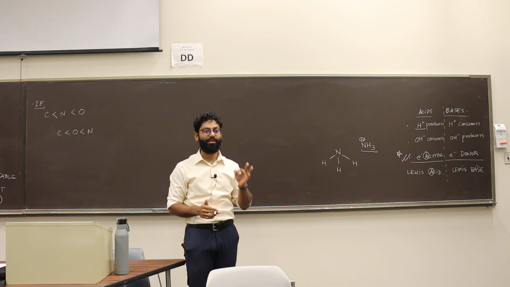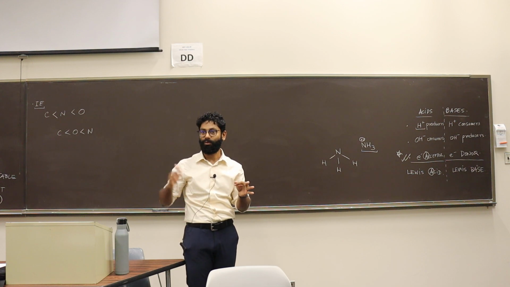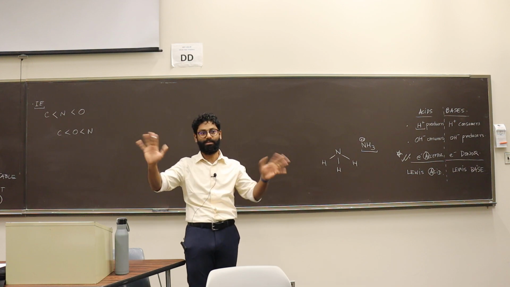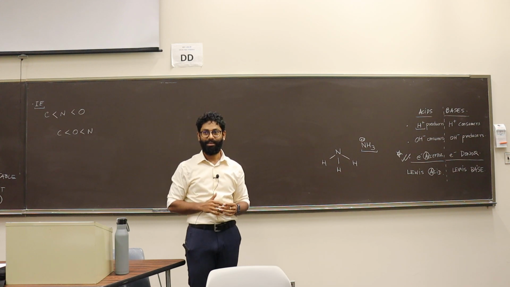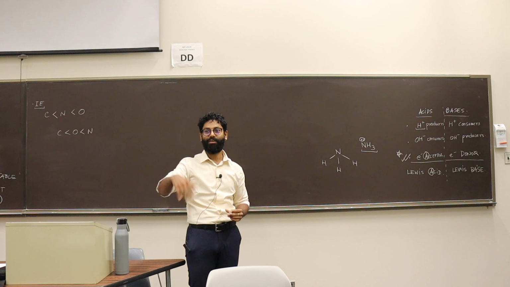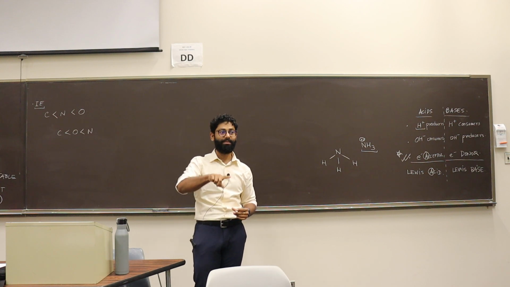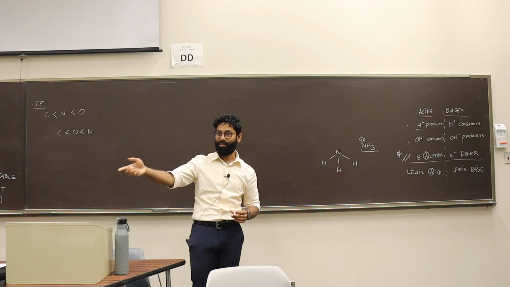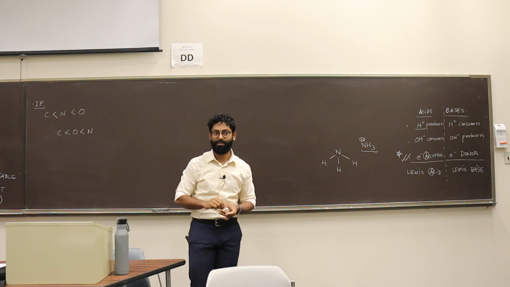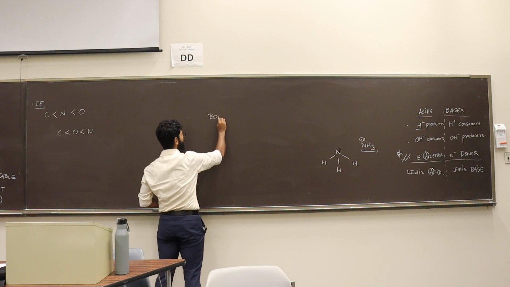How many more electrons are needed for nitrogen to be stable? What's the rule that governs most behaviors? The octet rule, right? It already has 5, so it needs 3. So it is bonding with hydrogen to share 3 electrons. Now we are getting into bonding. So you already know about bonding.